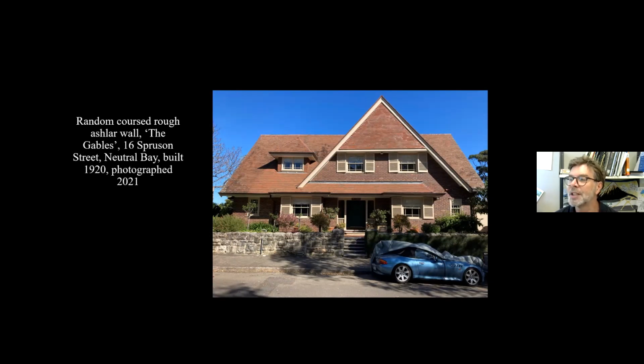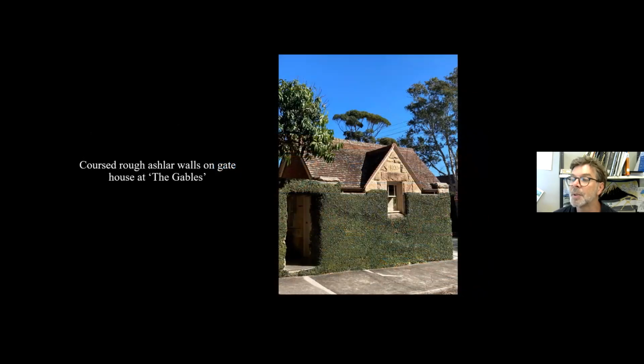Good for dispersing snow, which you don't really need to do in Neutral Bay, but looks good anyway. You can see the timber shingles here, but while he hasn't used stone foundations, he's certainly used it for his front fence. So he would have chosen that front fence almost certainly. And here's the little gatehouse he built for himself too. And the date of both the gables and this gatehouse made from sandstone is 1920. You can see that.